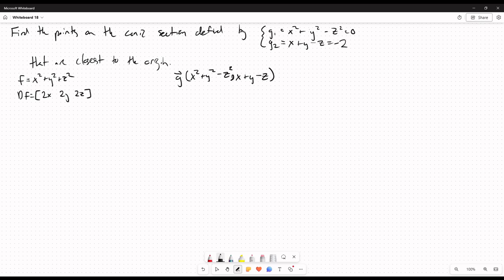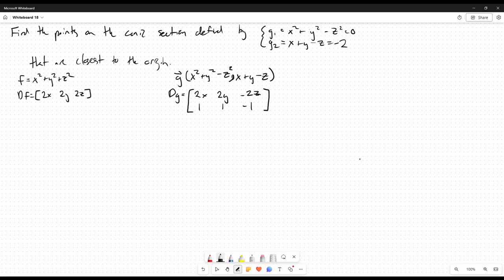So we're treating this as a vector valued function, and the reason we're doing this will be apparent soon. And then the matrix of partial derivatives for g, basically the stack of gradients, is going to be 2x, 2y, negative 2z, and then we'll have 1, 1, negative 1. So we have that. Now we can go ahead and do some stuff.